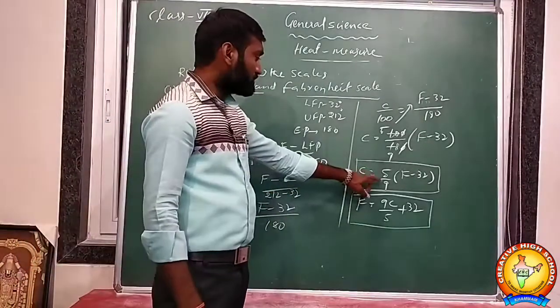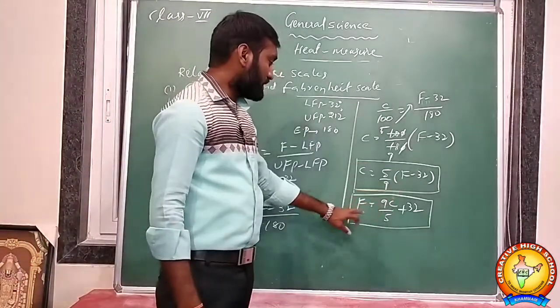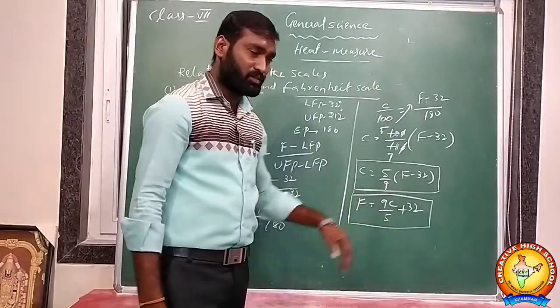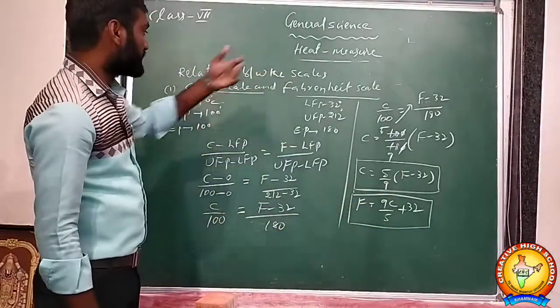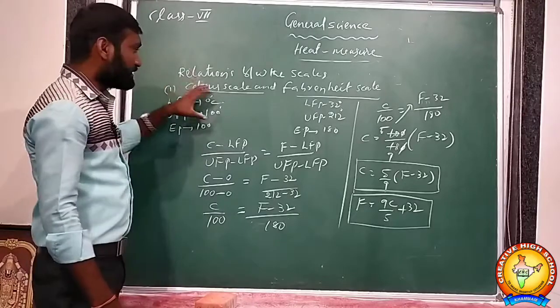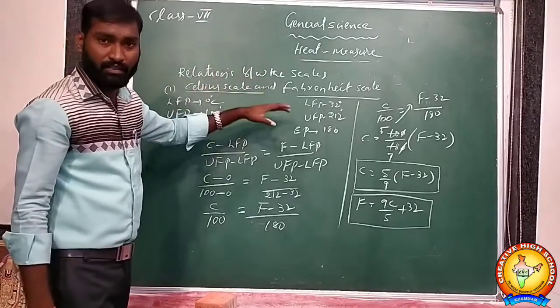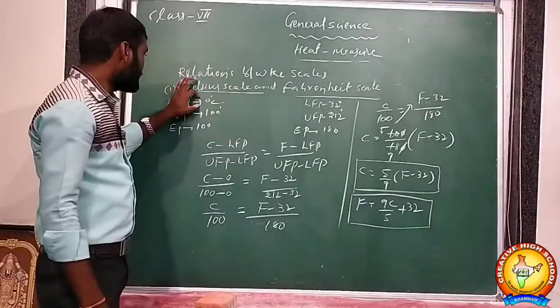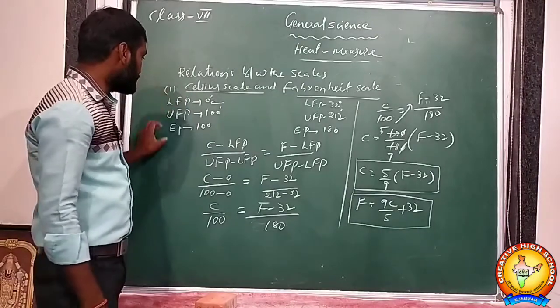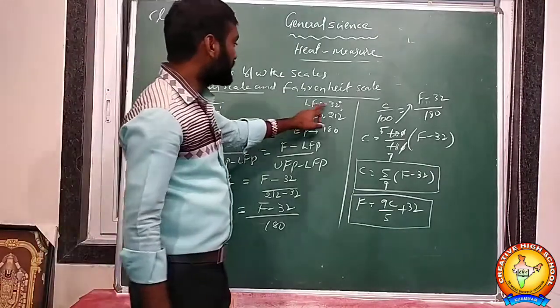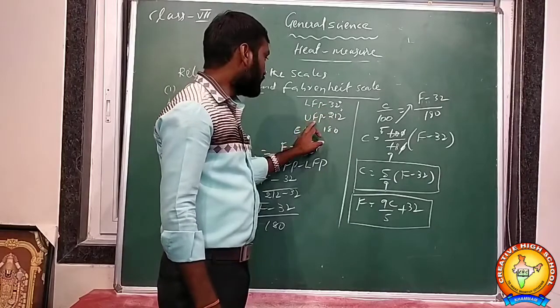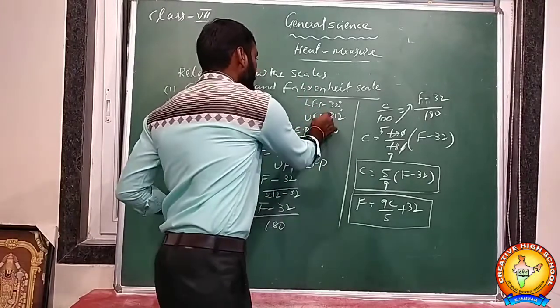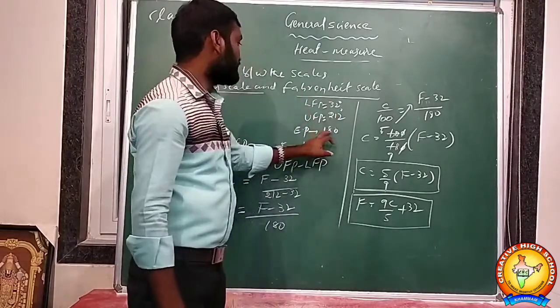Once again, check it. First, write the lower fixed point and upper fixed point of the two scales. For Celsius, there are 100 equal points. For Fahrenheit, LFP is 32 and UFP is 212, so there are 180 equal points.